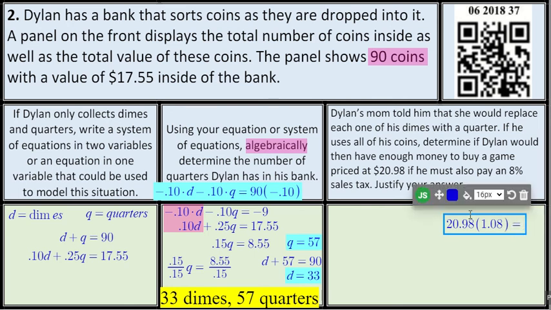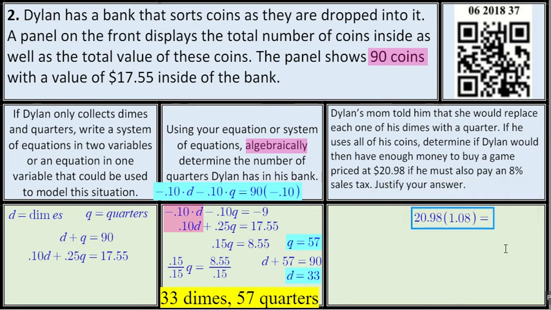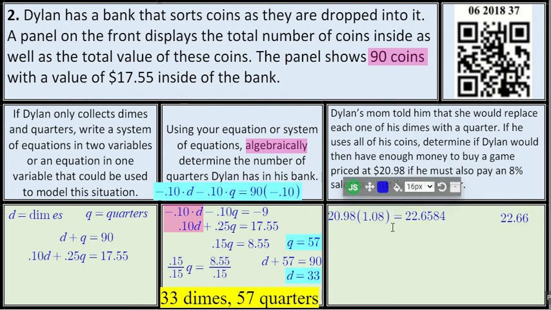So now when we calculate this, we've got the entire price, including the sales tax, in one single calculation. So what we've calculated is that with the tax, he needs $22.66 to buy the game.